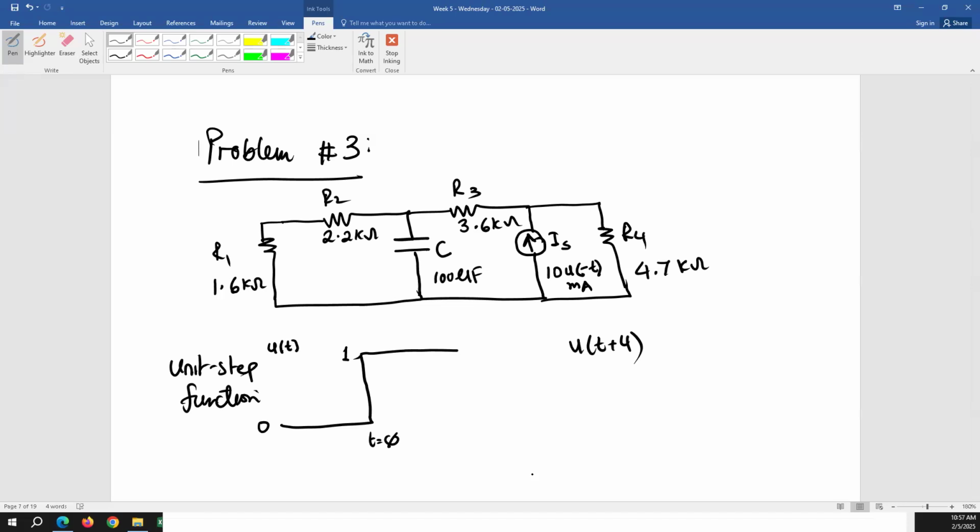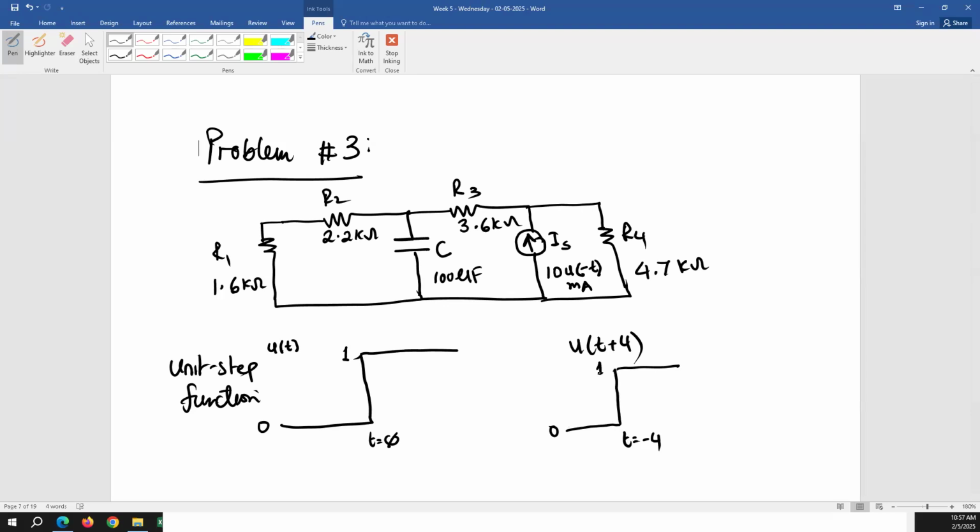So all those values that are 0 or positive, the function is going to be 1, and all those values at which the argument is negative, the value is going to be 0. So any value of t which is less than negative 4, the function is going to be 0, and for all the values where t is greater than or equal to -4, it is 1. So basically this function is going to be changing at t equal to -4 from 0 to 1. So that's what unit step function means.